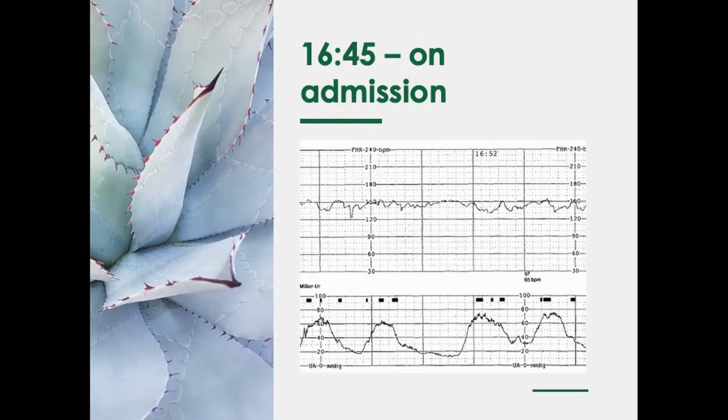And this is her tracing at admission, and I know it's a little bit short. Does anybody want to comment on what the fetal heart rate baseline is here? 140, 145. How do we define baseline?